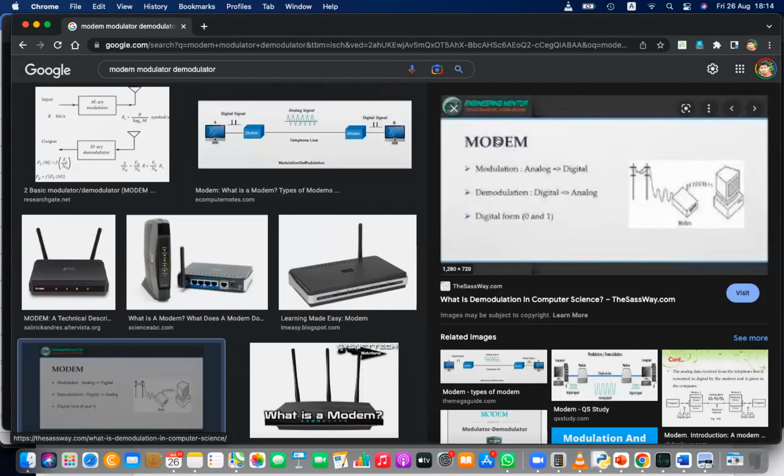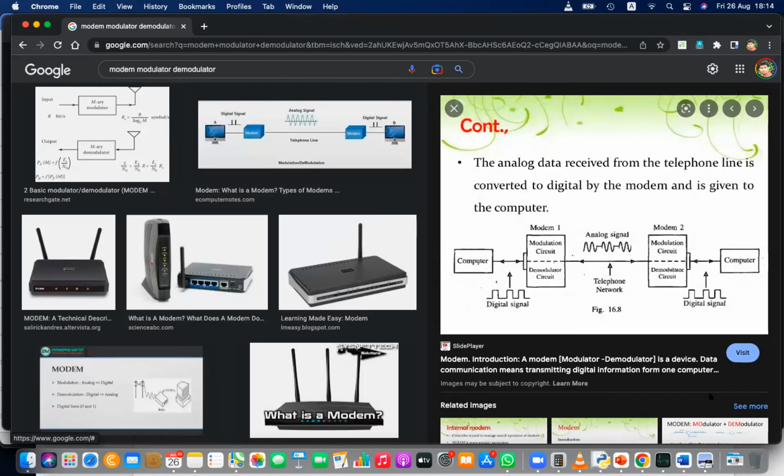So analog to digital conversion is called modulating. Digital to analog conversion is called demodulating. Right? Analog signal is modulated to digital, and digital is demodulated back to analog. So that is the task of the modem.